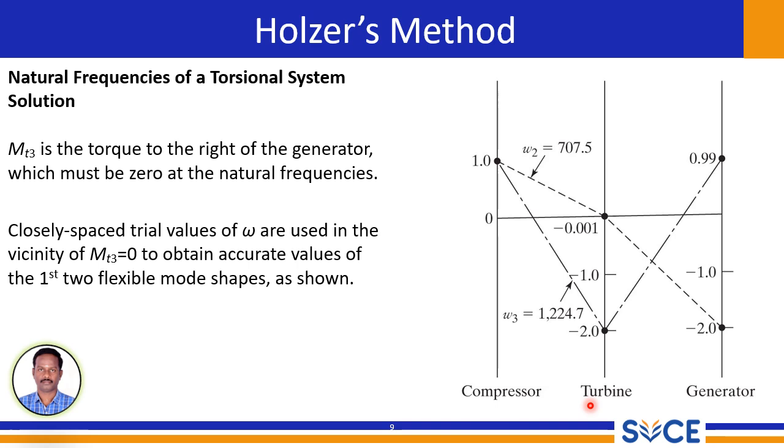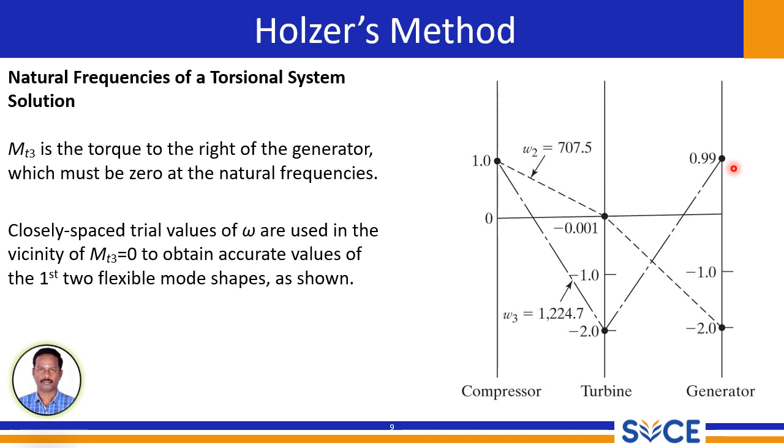The first flexible mode is shown with the natural frequency omega 2, that is 707 radians per second. The relative amplitude of the angular displacement for the compressor, turbine and generator in this mode is approximately 1, 0 and 0.001 respectively.